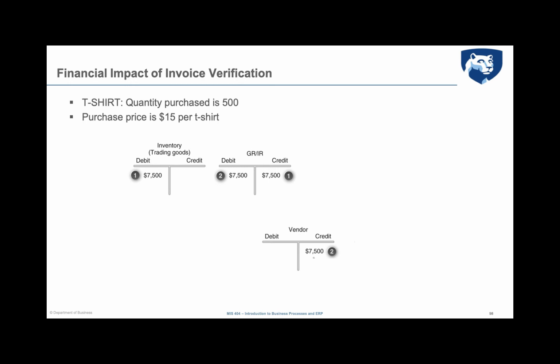The vendor account will be credited $7,500 because these are vendor expenses. And of course, this will increase the accounts payable because it's in process of being paid. So this will move from the sub-ledger account of the vendor to the accounts payable account in the general ledger.